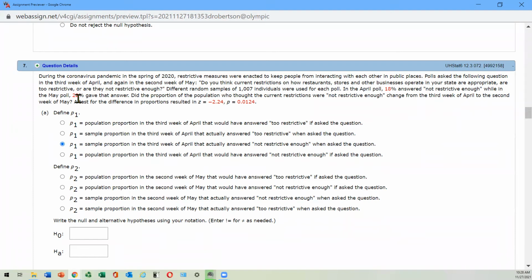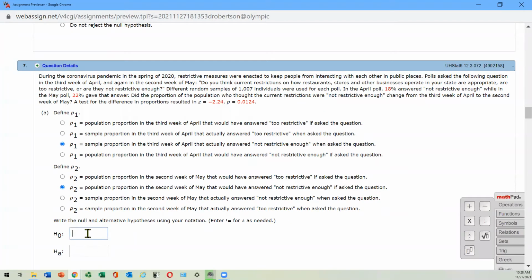P2 are those who basically did the same thing, who said it's not restrictive enough. And it's to do with populations, not samples. P1 is to do with population 1. P2 is the next one.